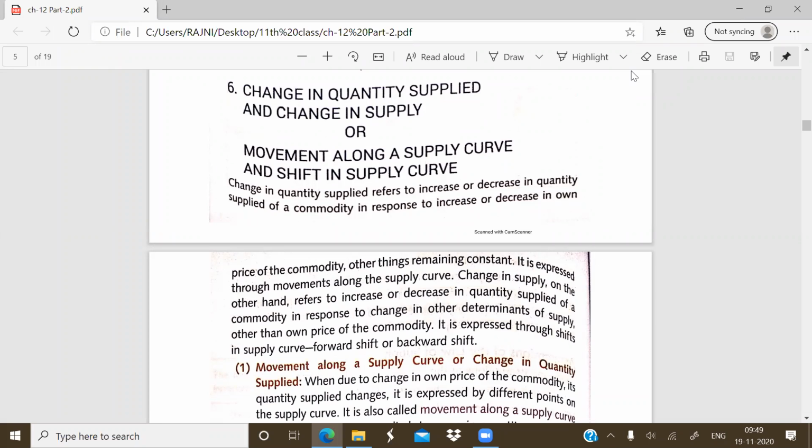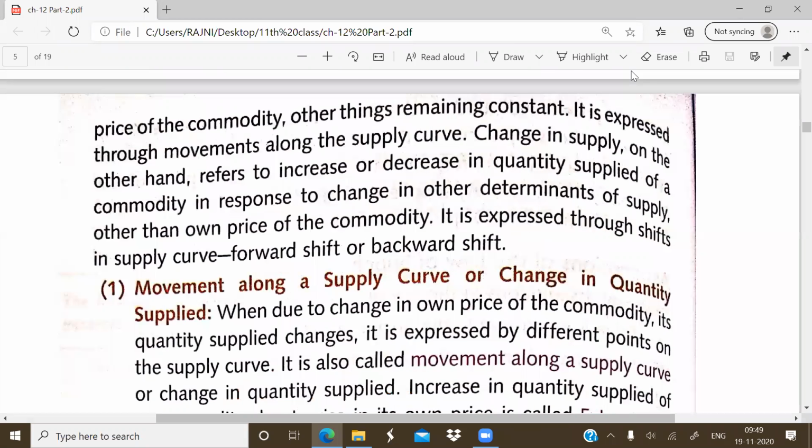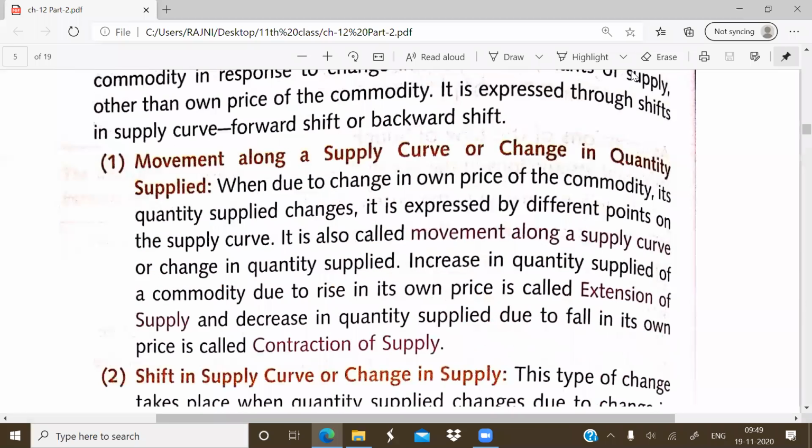But on the opposite side, if the changes come in the rest of the determinants of supply and the own price of the commodity is constant, then it will be related to the shifting of the supply curve, either forward shifted or backward shifted. So simply, the movement and shifting.